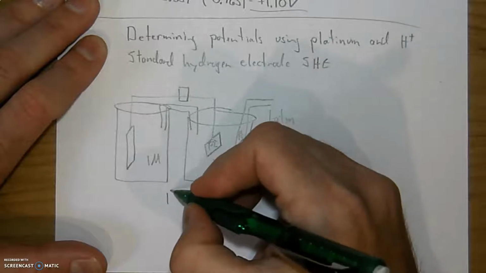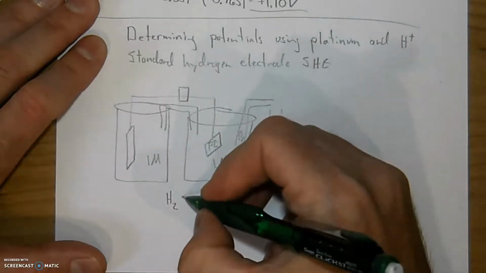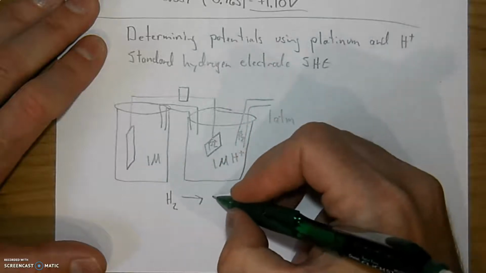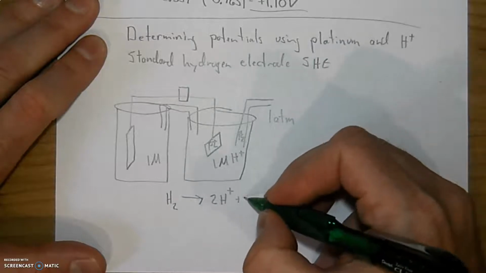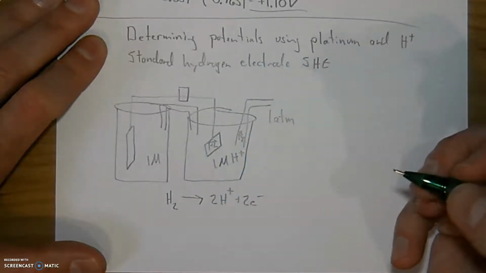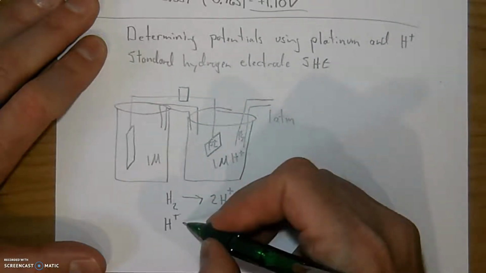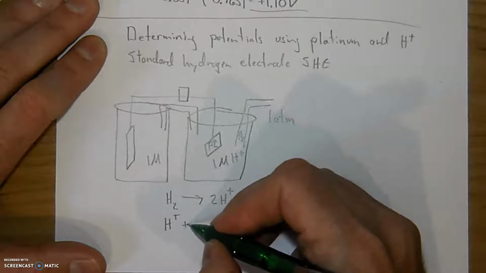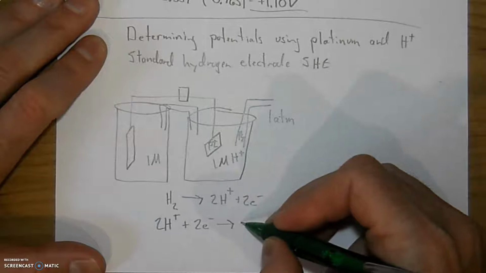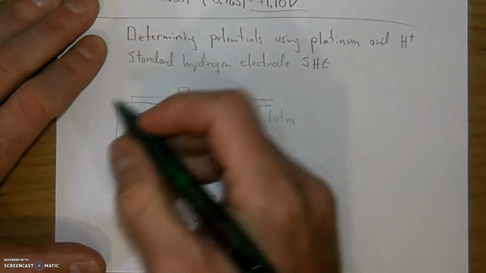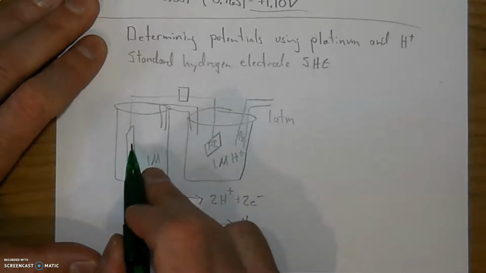Just to mark off again what we were doing in the previous video, you have hydrogen which could be losing electrons, and you'll be forming 2 hydrogen ions and some electrons. Or you could have hydrogen ions plus some electrons, and that would form hydrogen gas. Either way can happen based upon the relationship of this metal, whatever it happens to be.